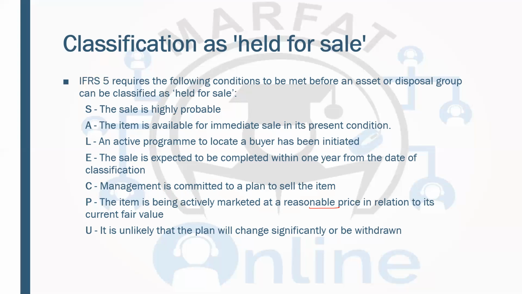So it can be a source of manipulation: at the start of the year they decide to sell the asset and move it to current assets, and by the end of the year they change their plan and move it back to non-current assets. So this can be a dramatic situation. To avoid that situation, the standard says that you have to meet a criteria before you classify an asset as held for sale.